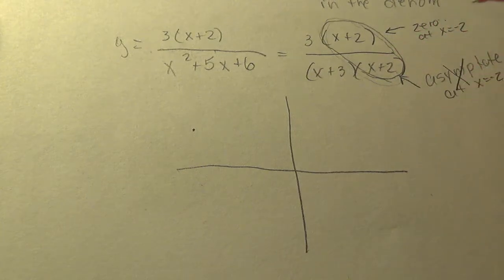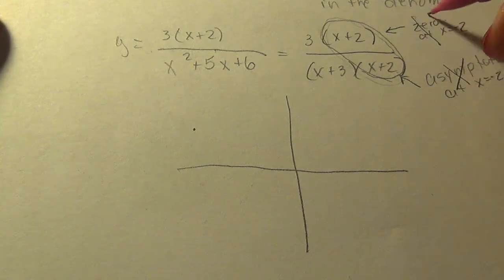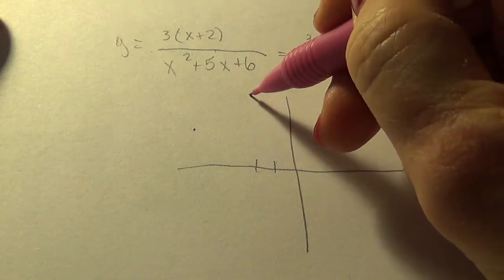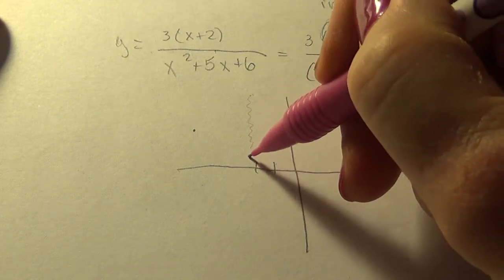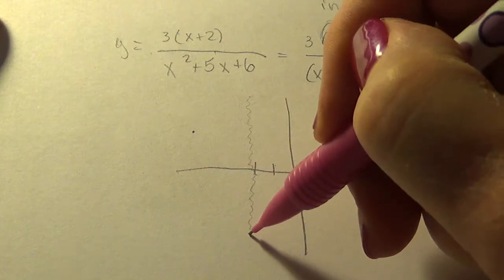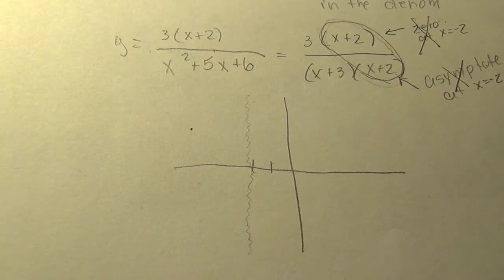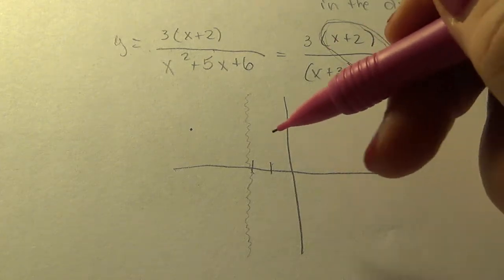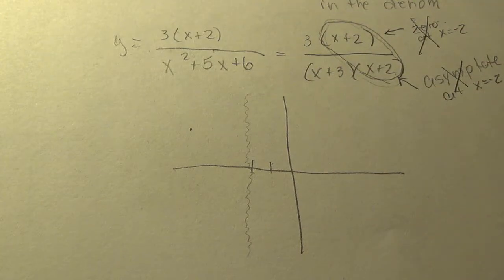No, no, no. It will not cause a 0. No, no, no. But it will cause something really strange. I'm going to put a little wavy line, and that's not what it causes, but that's to remind you when I'm graphing it to show you what it causes. So when I get to that spot in my graph, I think you will be quite shocked and amazed.